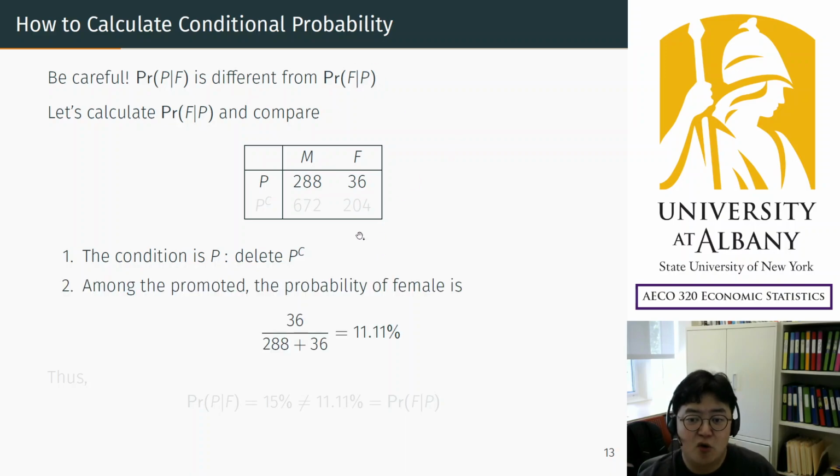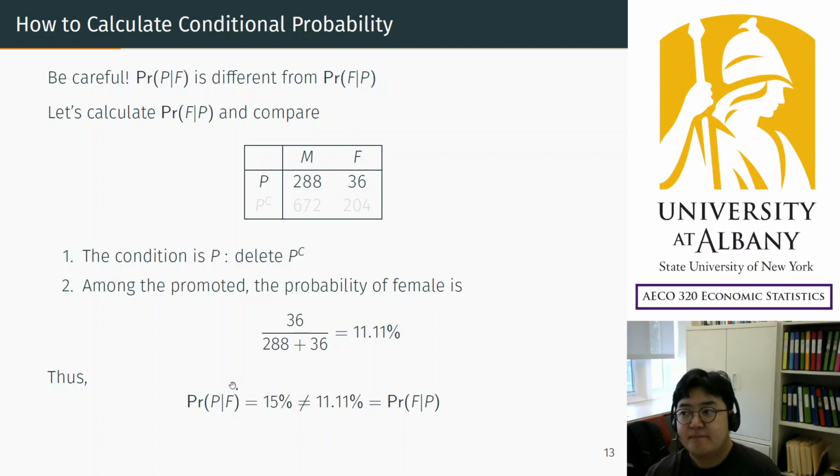And then among them, the proportion of female is like this. Out of total number, only 36 is women. So 11.11% is the conditional probability of F given P, which is different from conditional probability of P given F.